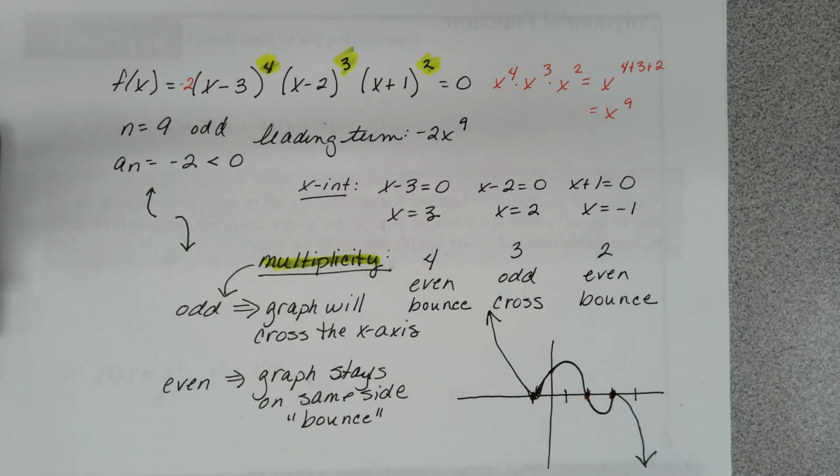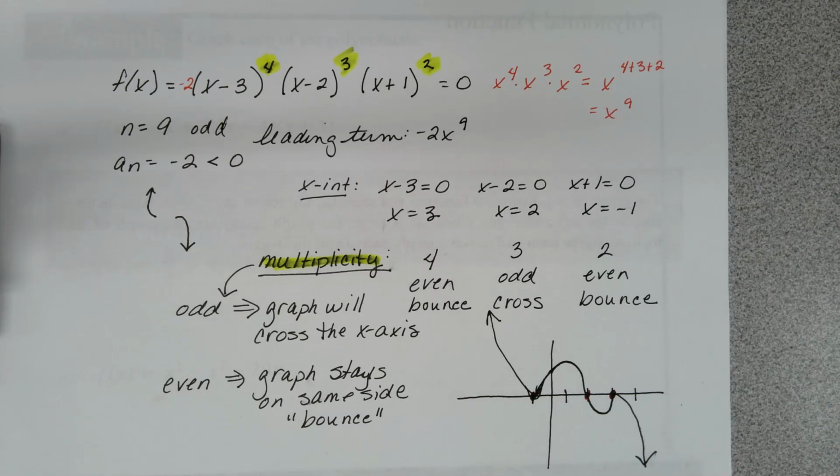I just added that -2 out front to make a point. Had I not added that -2 out front, then it would have just been a 1. The leading term is x cubed.